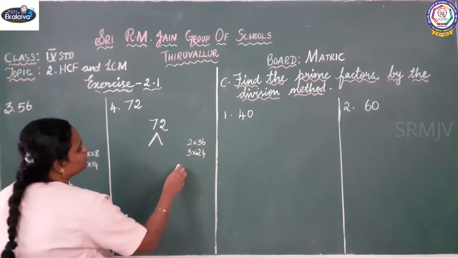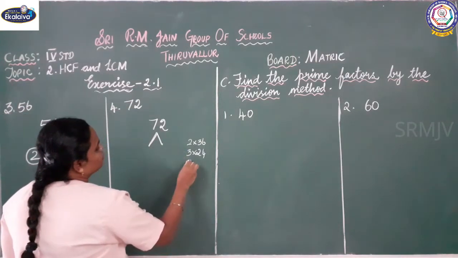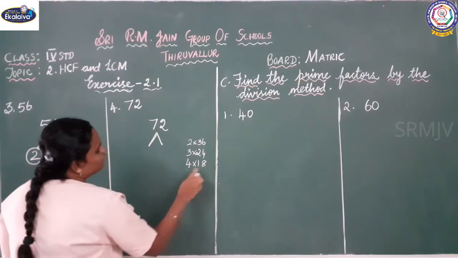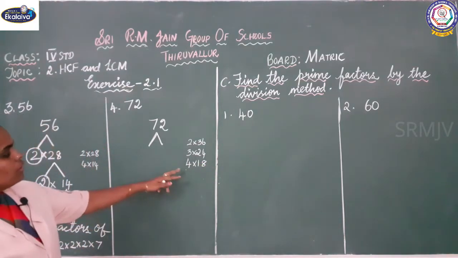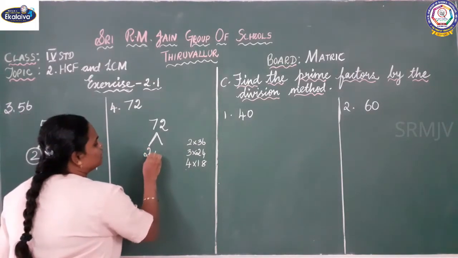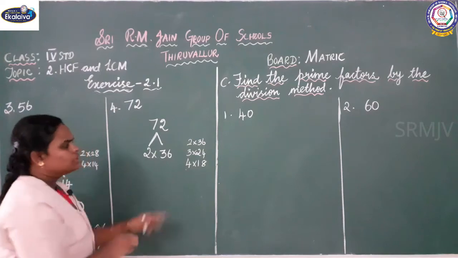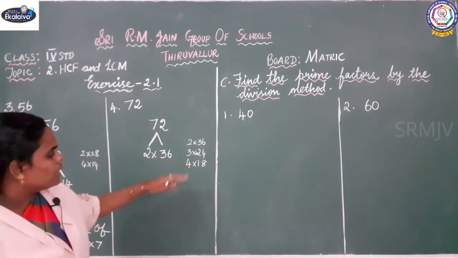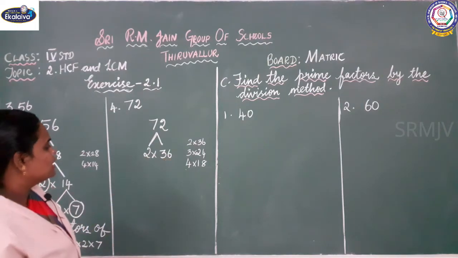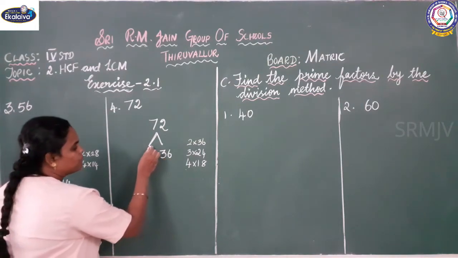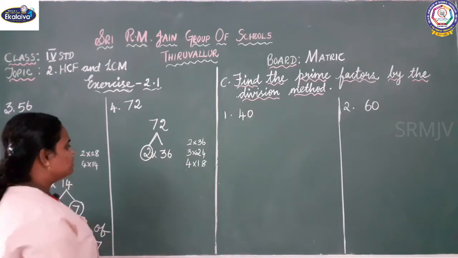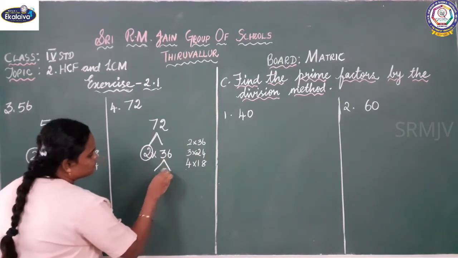Then in the 4 table, 4 18s are 72. So you can take 2 into 36, 3 into 24, or 4 into 18. If we take 2 into 36, 2 is a prime number, so you can circle that. 36 is a composite number, so you have to do it again.